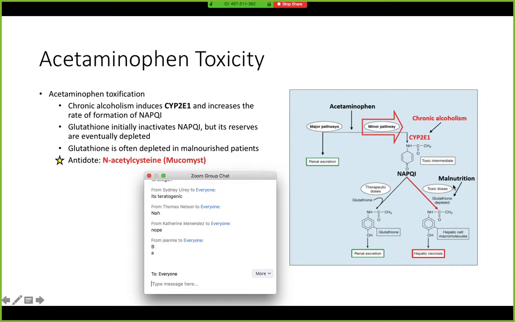Also, in patients who are malnourished, which is common in alcoholics because they're drinking all of their calories instead of eating, it's going to push the metabolism of acetaminophen towards this toxic metabolite and lead to hepatic necrosis. And your antidote for this is N-acetylcysteine.